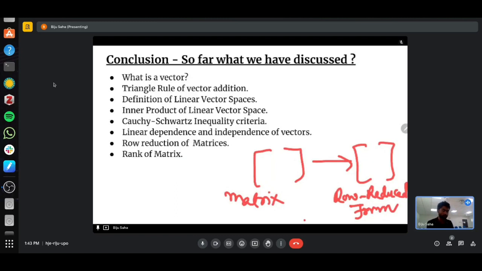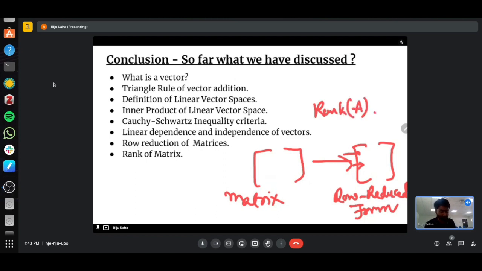Going from a matrix to the row reduced form is achievable by performing some elementary row operations. Following suitable row operations, we can reduce a matrix to the row reduced form, and from it, if we count the number of rows that contain at least one non-zero element, that many rows would be the rank of the matrix.